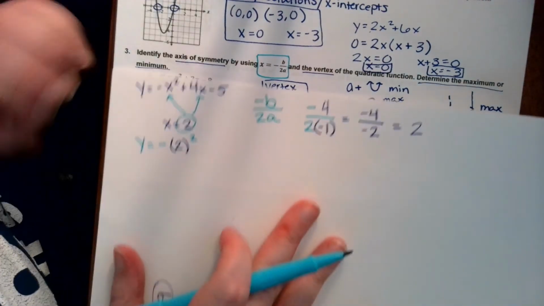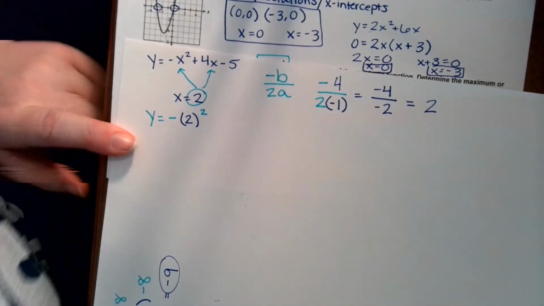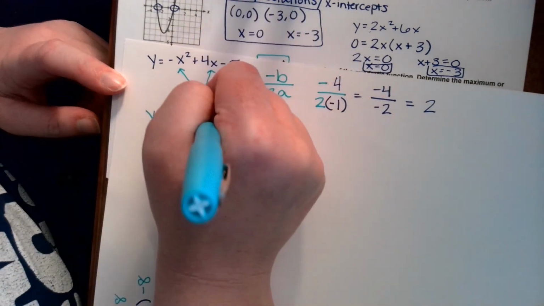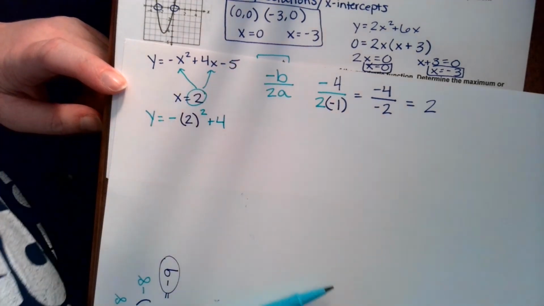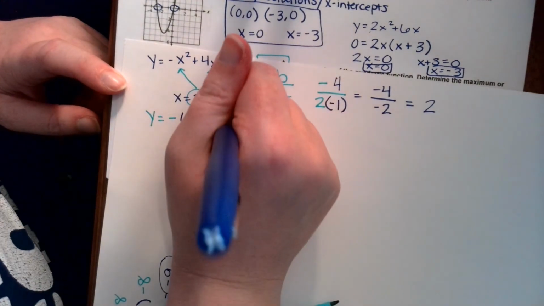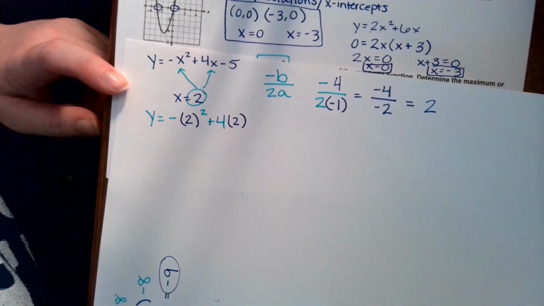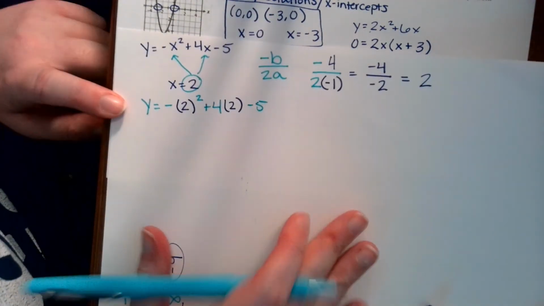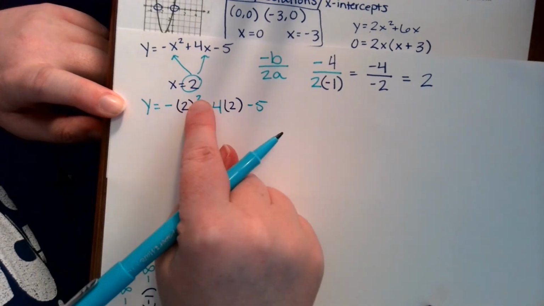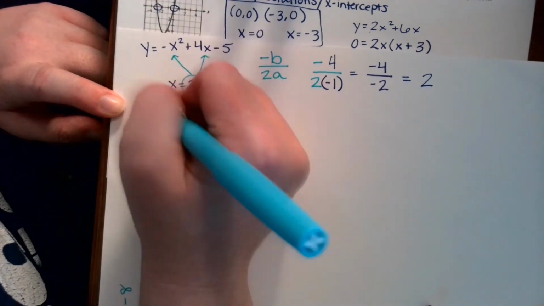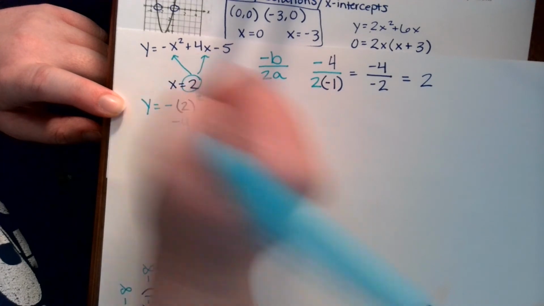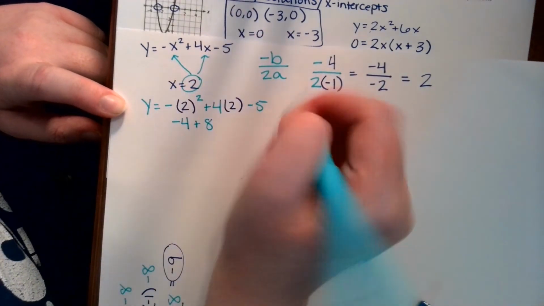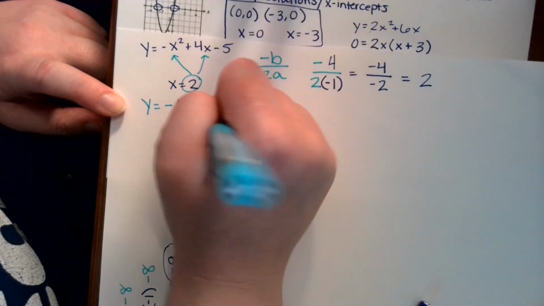Okay. So we have y equals -2 squared plus 4 times x, and x is 2, minus 5. Alright, so 2 squared is 4, and then if I make it negative, that's -4. 4 times 2 is 8, and then minus 5.